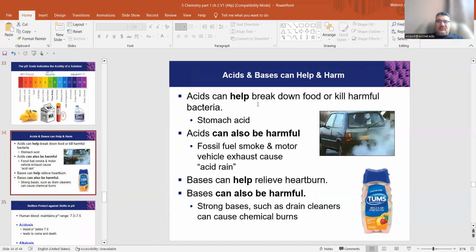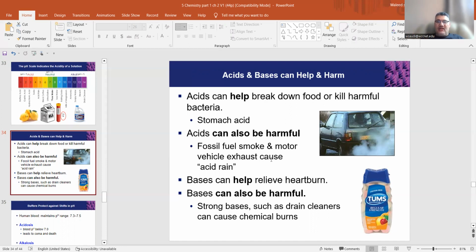So acid, is that good or bad? Only good if it's serving a purpose. Otherwise, it's bad. Like our stomach acid is acid. Is that good or bad? Within the normal range, it's good because it's doing a function. But if it is in something else, it is bad.